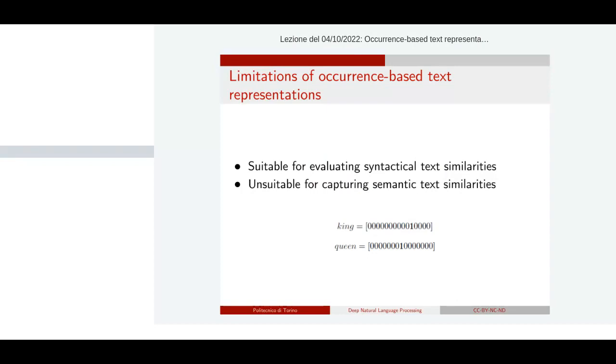So what we will do, and we will address from next week on, is to build some neural network-based representations, generate some latent features that try to preserve some semantic properties.